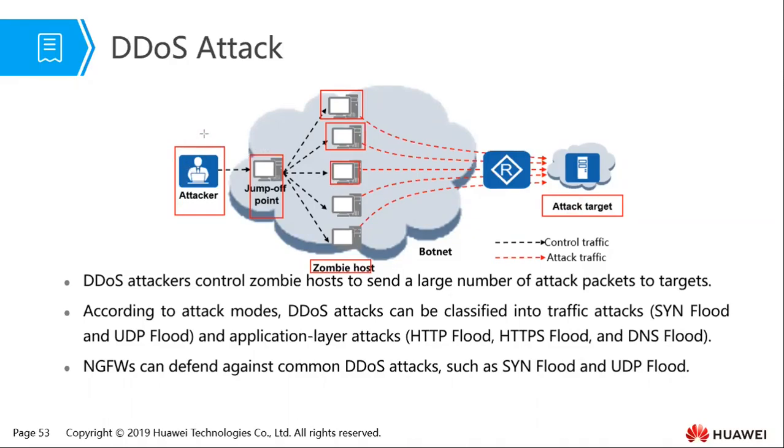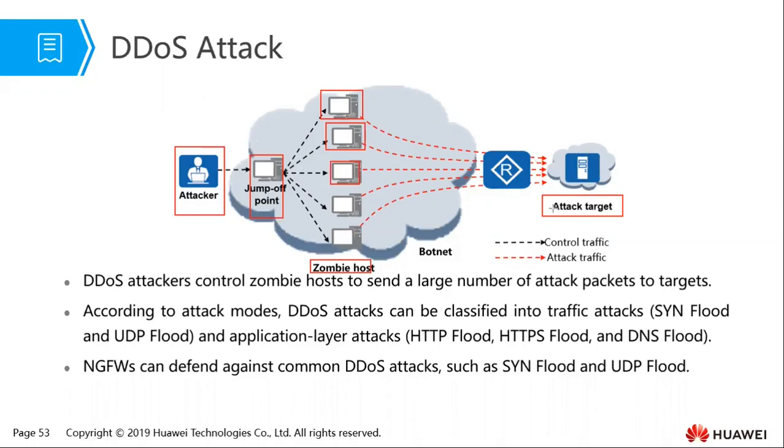Now, the main problem with this kind of attack is that the attacker is hiding behind a system that they've already captured. So getting the attacker becomes very difficult. Once they've captured this one, they tell it to instruct all the other machines to send massive amounts of packets to a particular target.